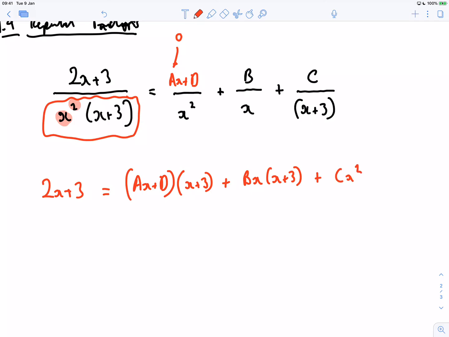Right, now here's the deal. We're going to do a mixture of substitution and comparing coefficients, and this is why substitution is quicker, but it's not necessarily going to work all the way, it's going to work up to a point.